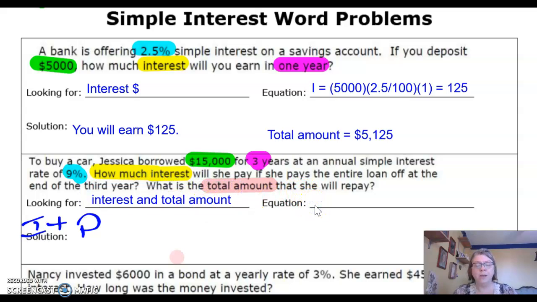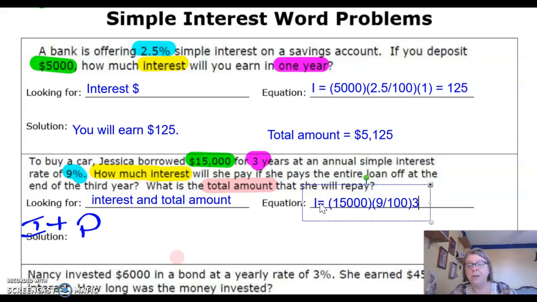So I'm going to start with my equation, which is interest. I don't know the interest, so I'm going to go ahead and see if I can move this up. There we go. Okay, so I'm just going to put I equals, and in parentheses, I'm going to put my money. The money amount is 15,000. The rate is 9, and remember that I'm going to have to divide that by 100 because of the percent sign, and my years is 3. Oh, here, I'll go back and put this in parentheses.